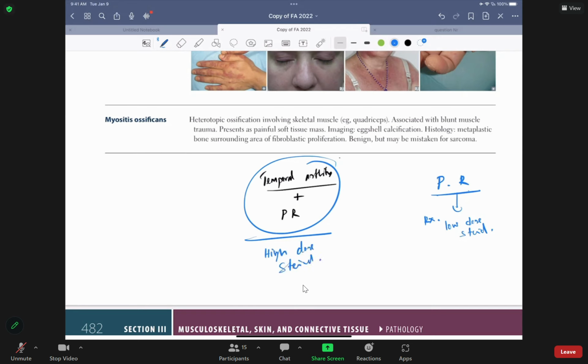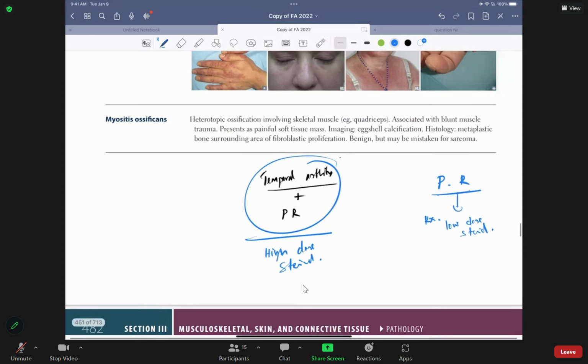This is a very common question. So when you read a question, make sure whether the patient has polymyalgia rheumatica alone, or do they have temporal arteritis too? How do you know? Look for a headache added to it, and some complication.